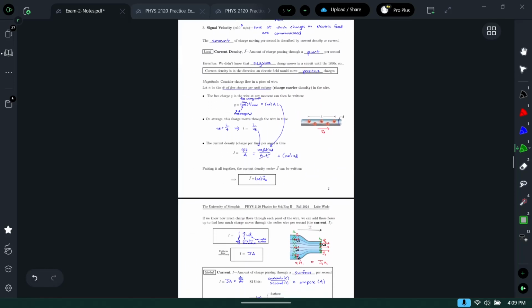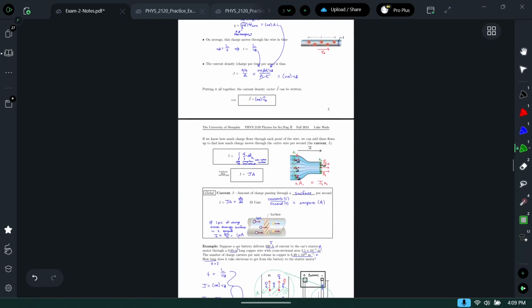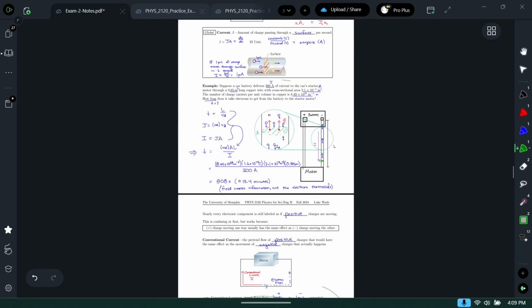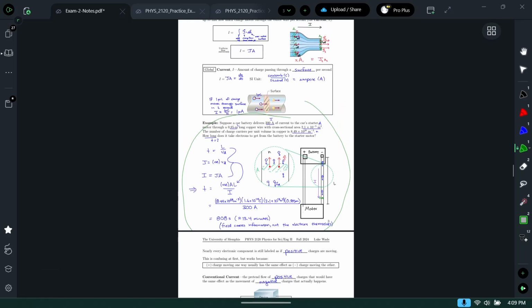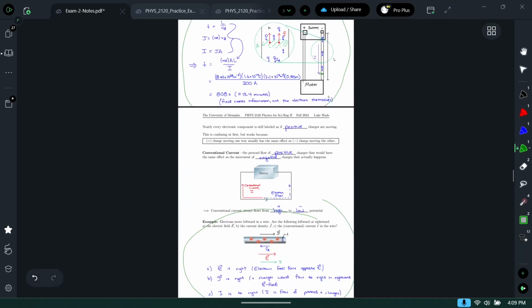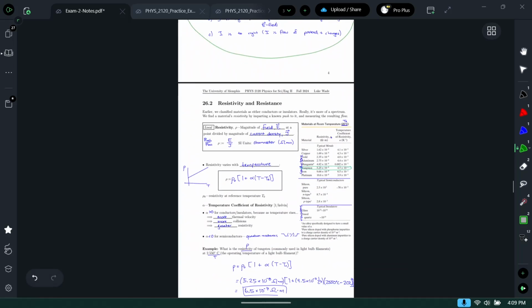The calculation stuff, the only one that you might expect is one like that, where it's just stringing together a few different equations to figure out how long it takes an electron to get from one place to another. But that's about the extent of calculations that I can think of, and then resistance versus resistivity. So we come down to that.